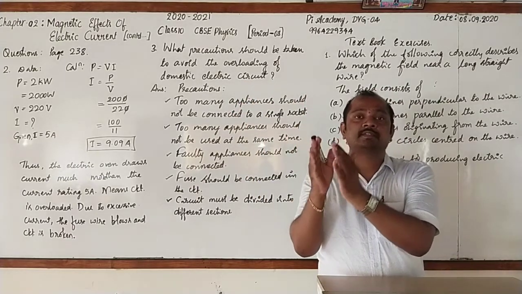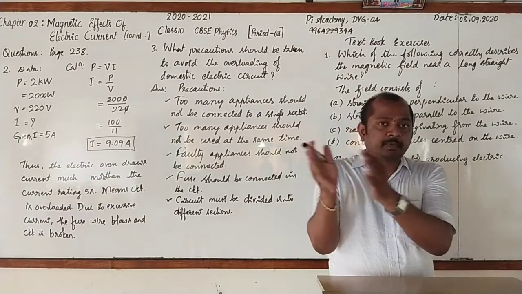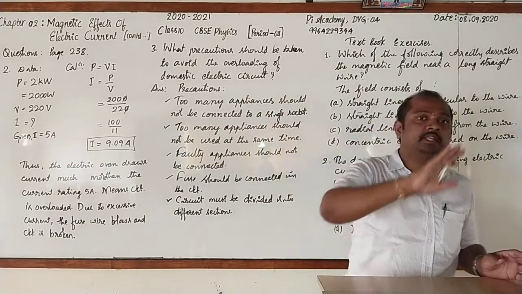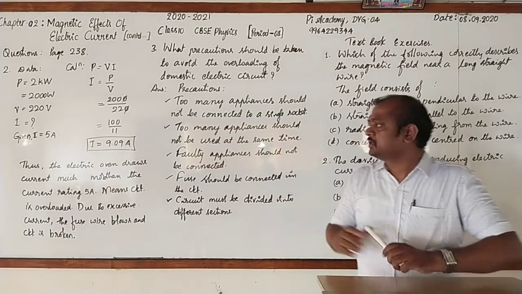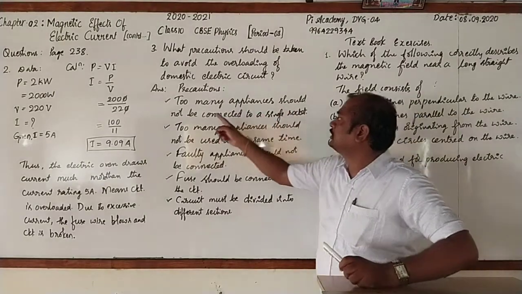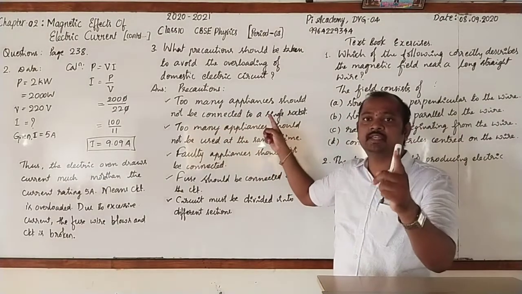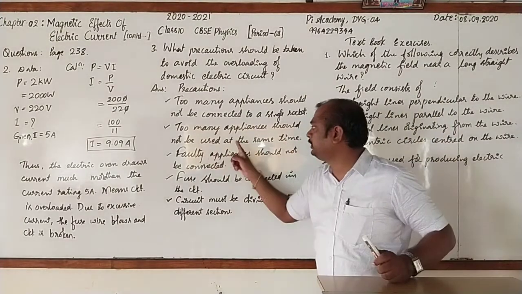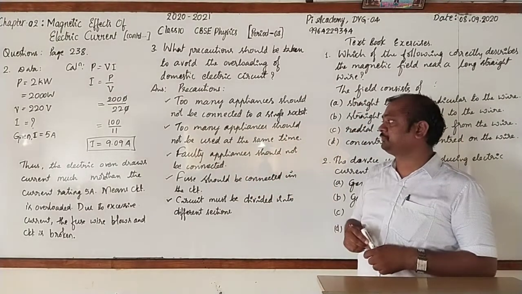There must be separate circuits for lighting purpose and heating purpose. Clear? The same things are written here. Observe. Too many appliances should not be connected to a single socket, and too many appliances should not be used at the same time.